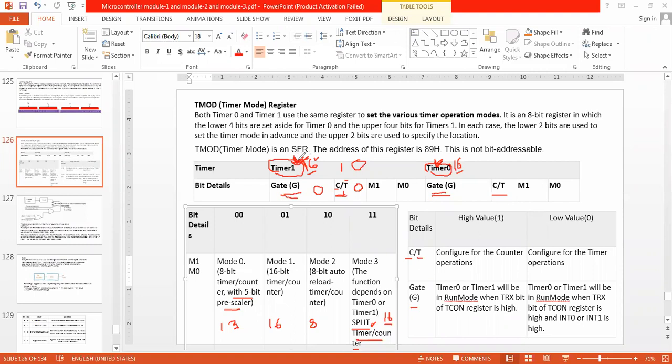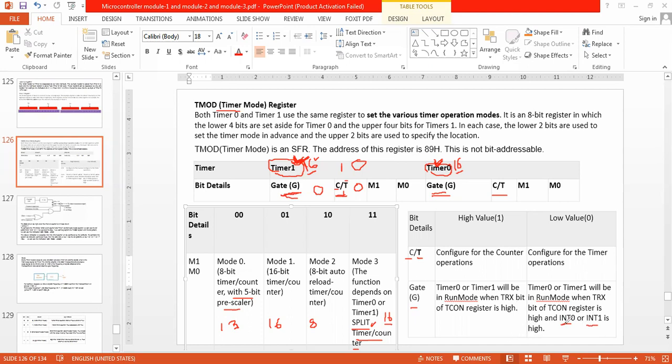We are setting up the mode here, and the way the timer has to be started. One is through hardware: the INT0 and INT1 pins. So we have two pins.